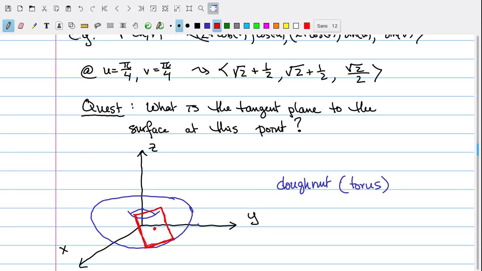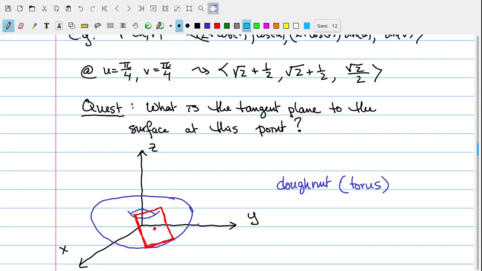Now, the nice thing is I could think about making a couple different curves on my surface which pass through this particular point. The first curve I want to make by fixing my value of u and letting v vary. So I'm going to let u be fixed at pi over 4 and just let v change as we move around.